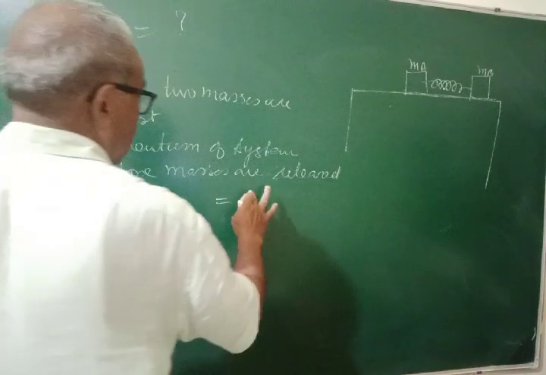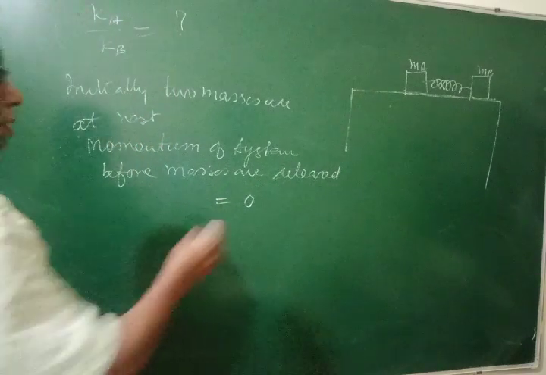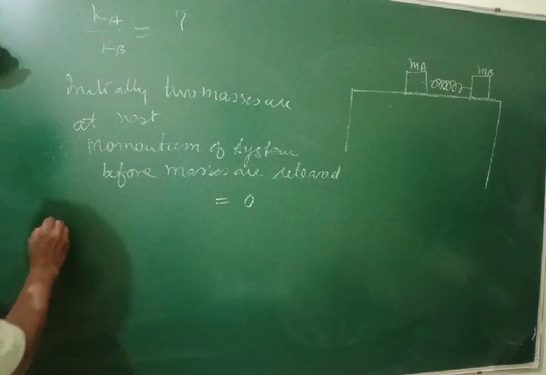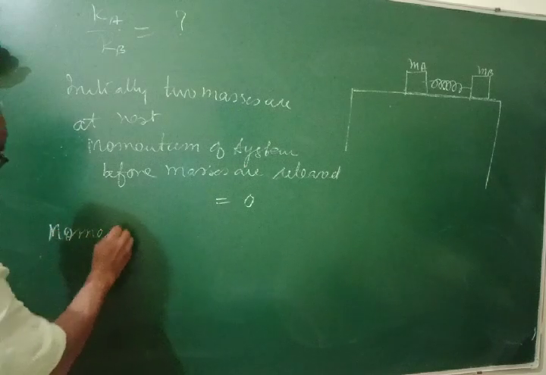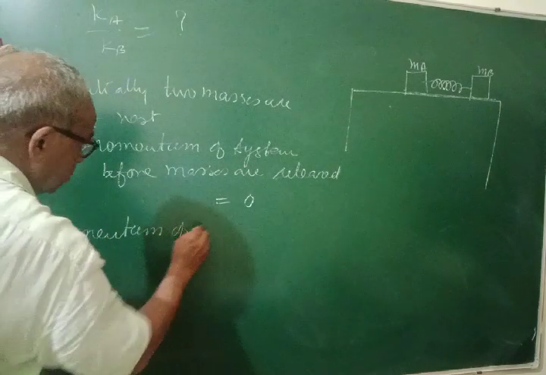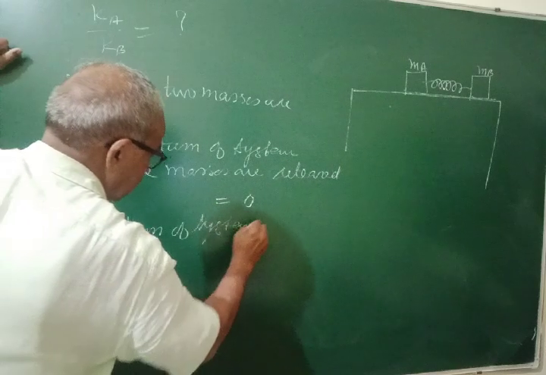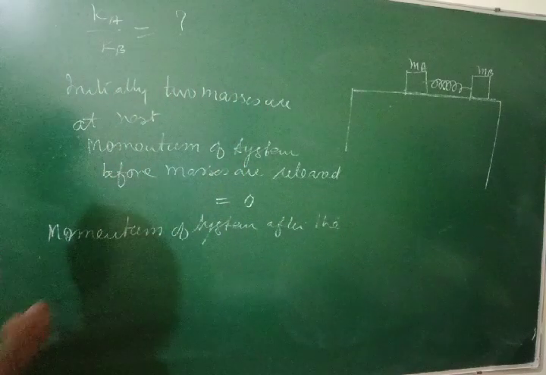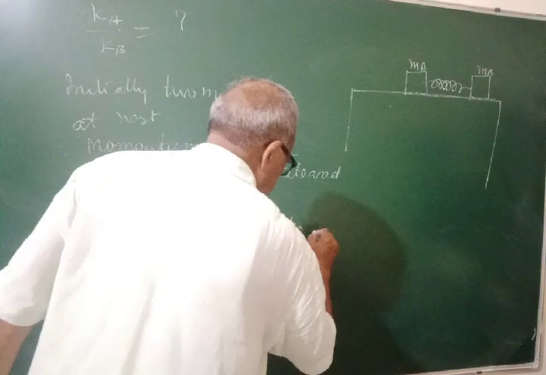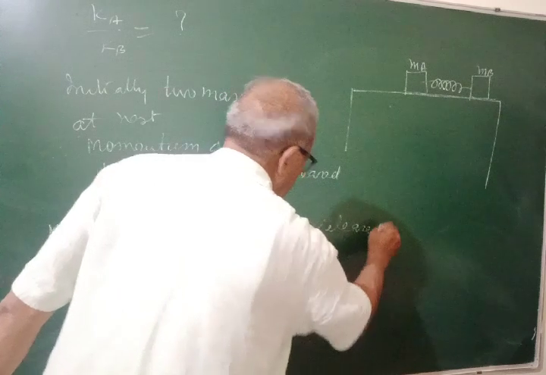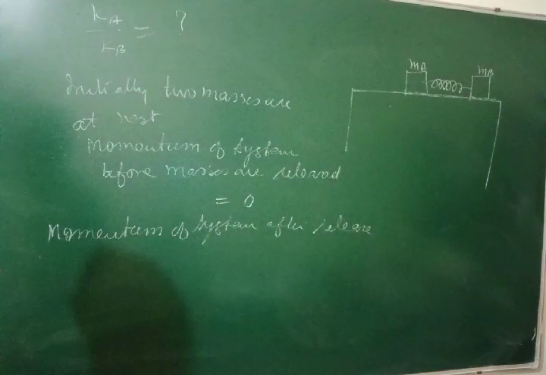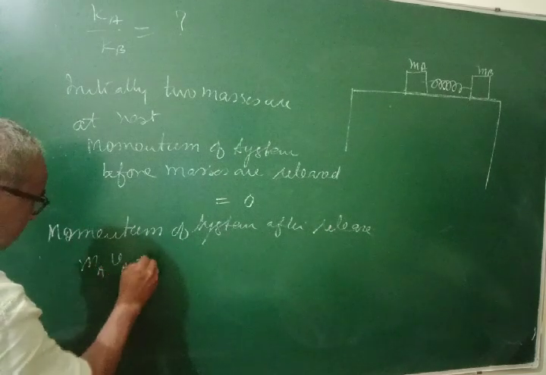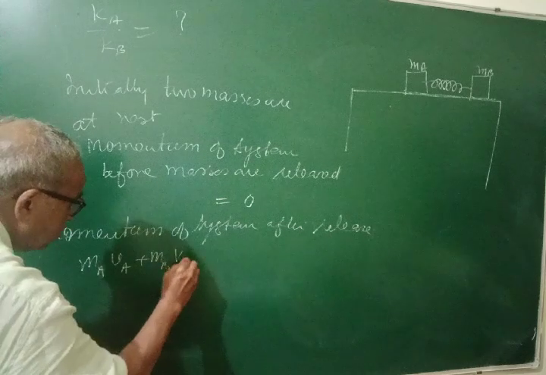Now let the velocities after releasing the spring be VA and VB. So the momentum of the system after the spring release will be MA VA plus MB VB, where VA and VB are the velocities.